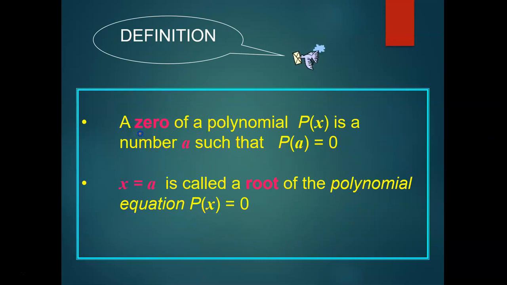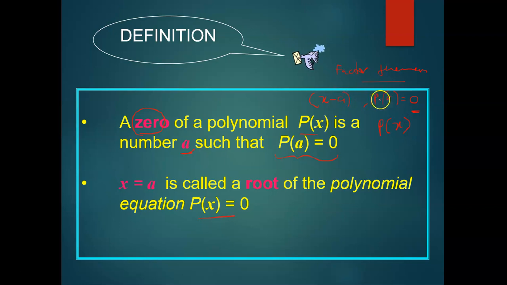So what is the definition of zero? A zero of a polynomial p(x) is a number a such that p(a) equals 0. x equals a is called a root of the polynomial equation p(x) equals 0. If we refer to the previous subtopic, the factor theorem: if you divide your p(x) by a linear factor x minus a, and when you substitute, p(a) equals 0, meaning that x minus a is a factor of your polynomial p(x).